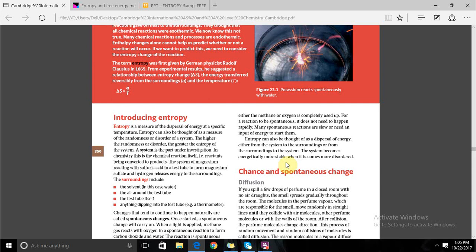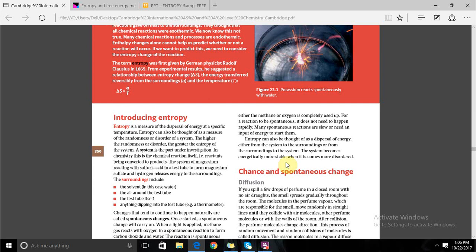For those of you for whom chemistry is not a new subject, you will realize immediately that from the system to the surroundings most likely implies an exothermic process, and from the surroundings to the system implies an endothermic process. And here it becomes clear that there is a link between exothermic and endothermic reactions and the entropy of a particular reaction.